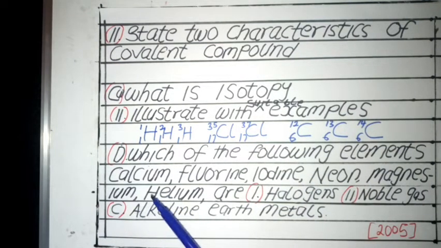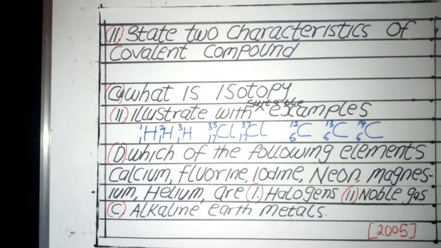So this last question, remember these questions are from 2005. Which of the following elements, calcium, fluorine, iodine, neon, magnesium, helium, are halogens, noble gas, alkaline earth metals? Remember, halogens are elements in group 7. There we have fluorine, chlorine, iodine, bromine. Noble gases, you call them inert gases.